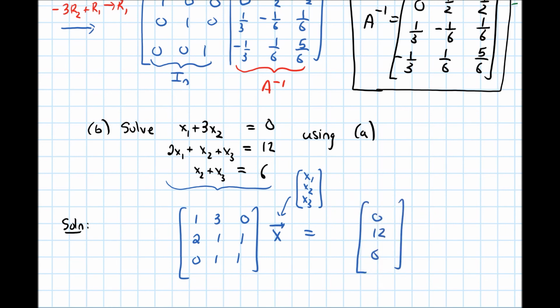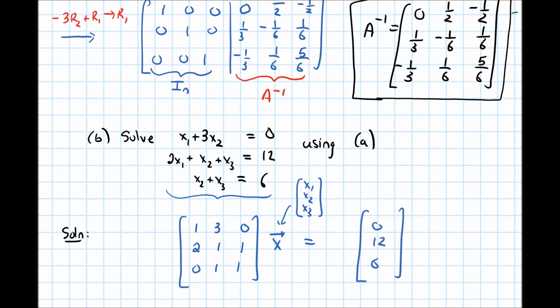Why it's useful for me to know the inverse is this: this matrix right here is A. I know that when I multiply A by A inverse, it gives me the identity. So if I multiply the left-hand side by the inverse, if I do that on one side of my equation, I also have to do it on the other side. So I also have to multiply this vector by A inverse.